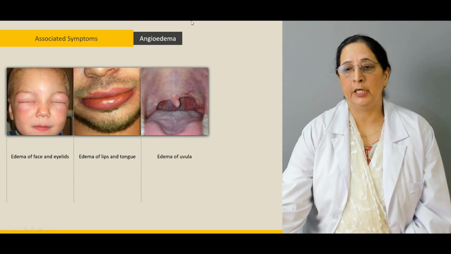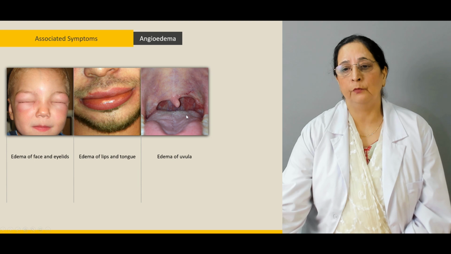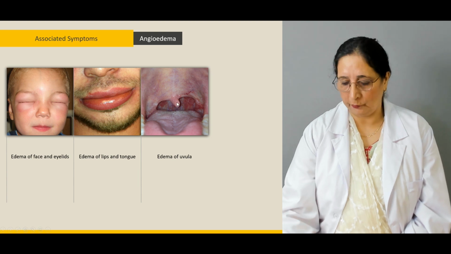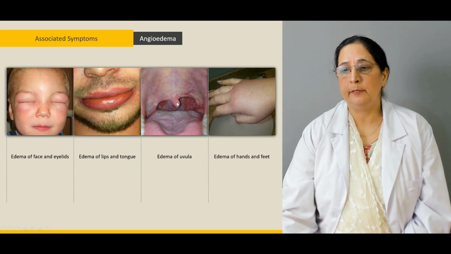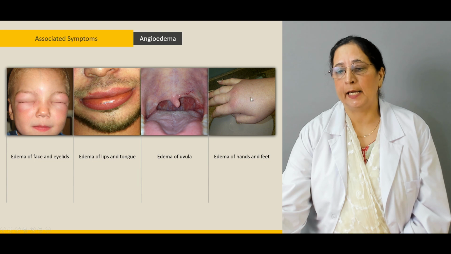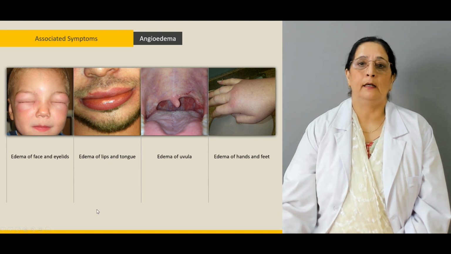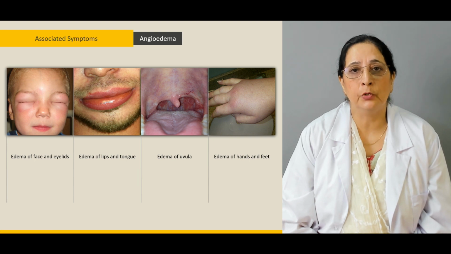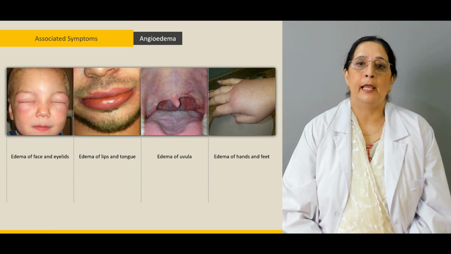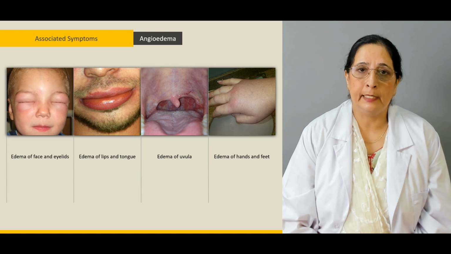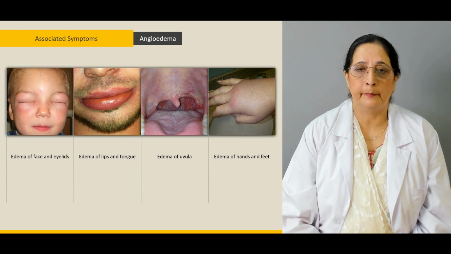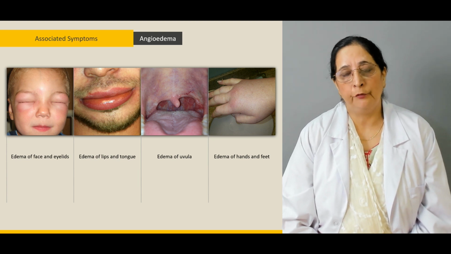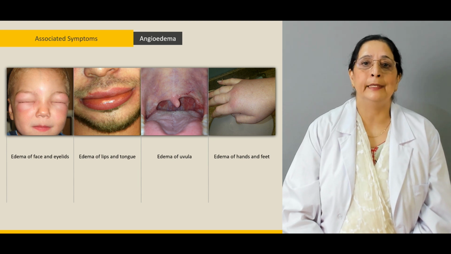Edema of the uvula. The uvula is this hanging structure, and there can also be edema of the uvula. Edema of the hands and feet. So all these are characteristic features of angioedema, which causes swelling of the face, lips, uvula, and also swelling of the hands.